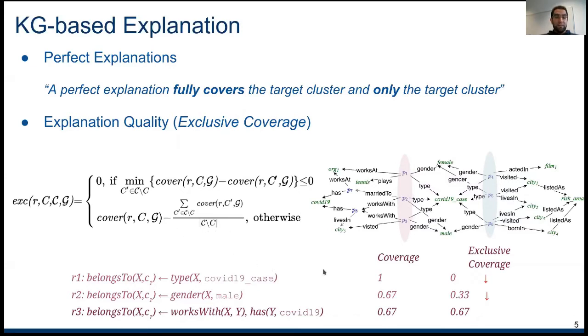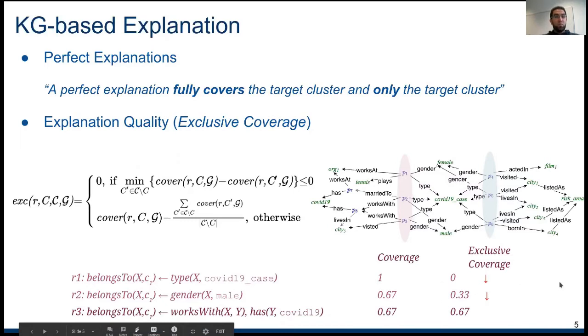Looking into our example, we can see that rules 1 and 2 got higher coverage than rule 3, despite being not exclusive or expressive. On the other hand, using exclusive coverage their values are reduced compared to the last one.